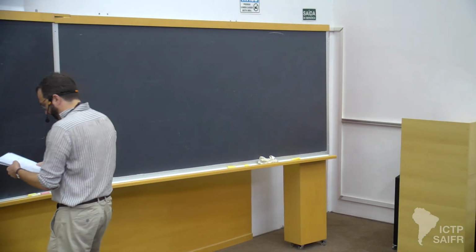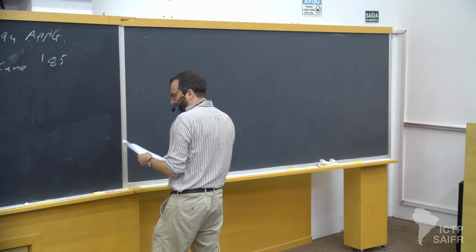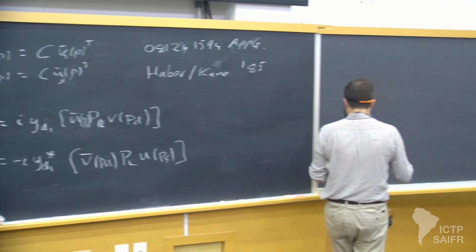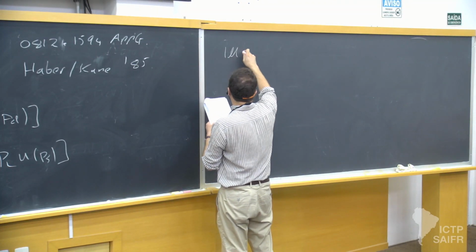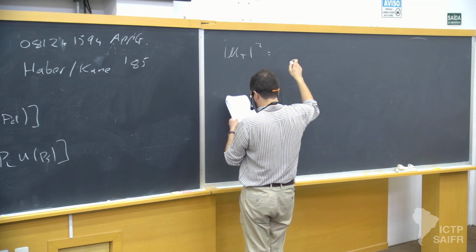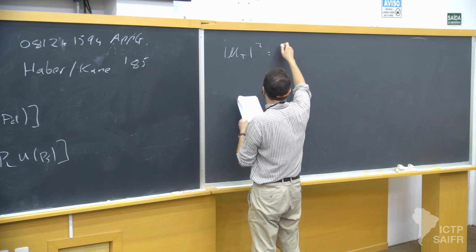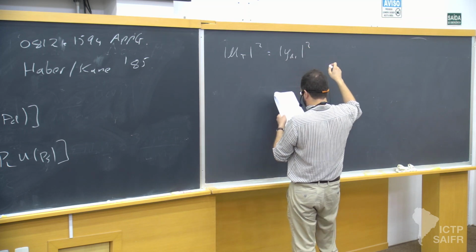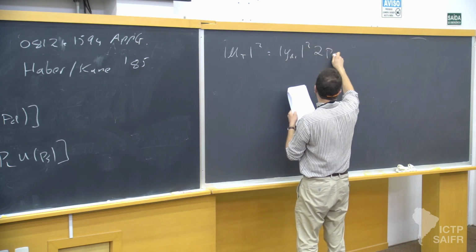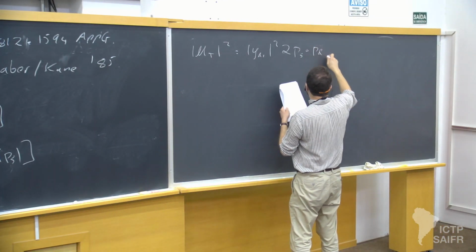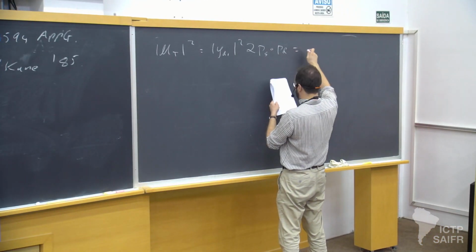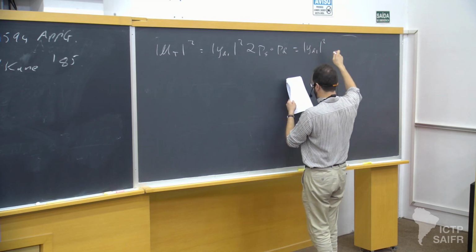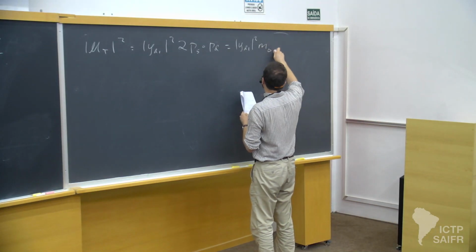So then you sum over spins, calculate the matrix element, absolute value matrix element squared, and you should find as an exercise that this, in the center of mass frame, well, any frame, you find that this is 2 p_s dot p_d, and that this gives you y_di squared m_delta1 squared.